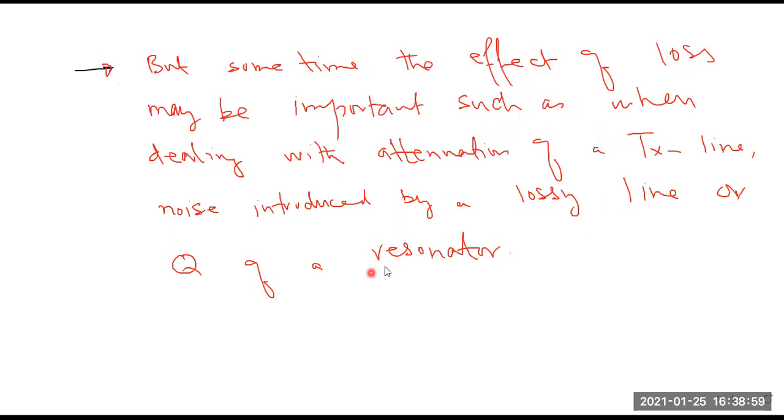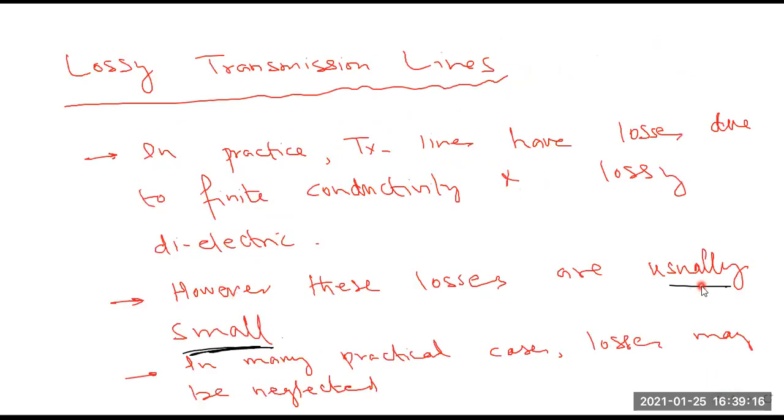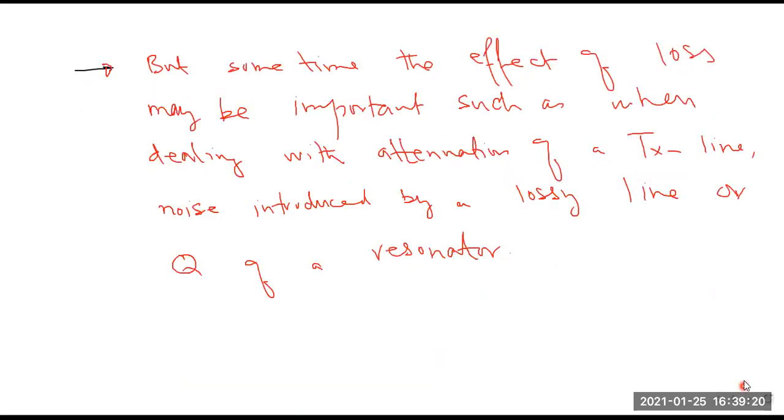So whenever you are solving something related to attenuation, noise, or the quality factor of a resonator, then you have to quantify the losses. As I have already pointed out, our focus will be on such lines which have small loss. Such transmission lines are known as low loss lines.